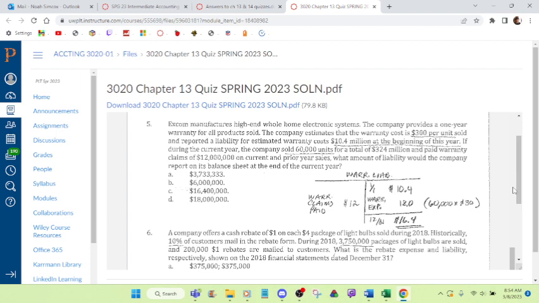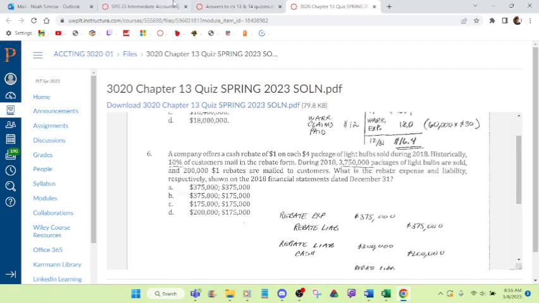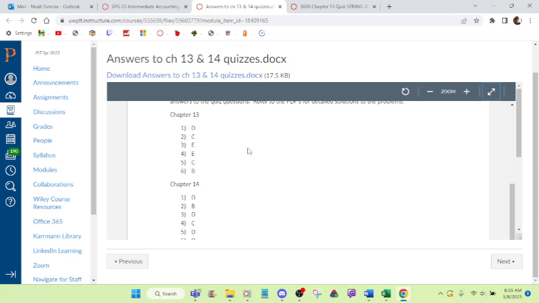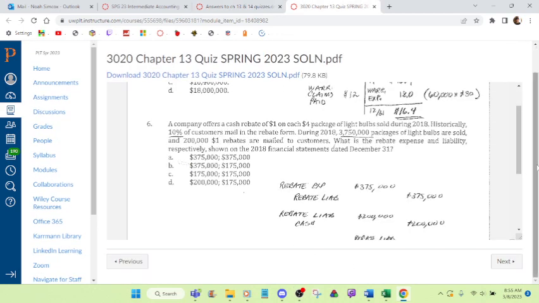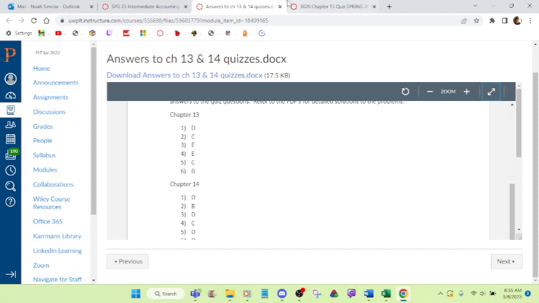So you get 16.4 million. 6 is B. And that's the last one for this. Okay. Cash rebate. 6 is B.